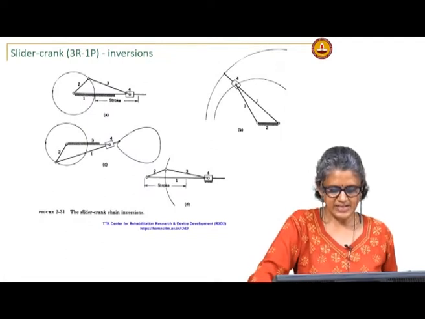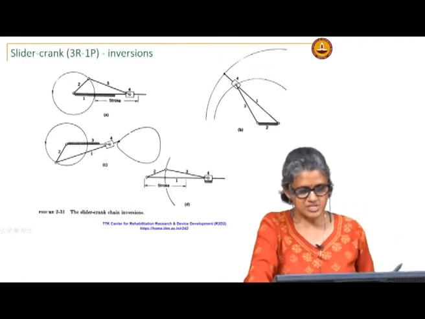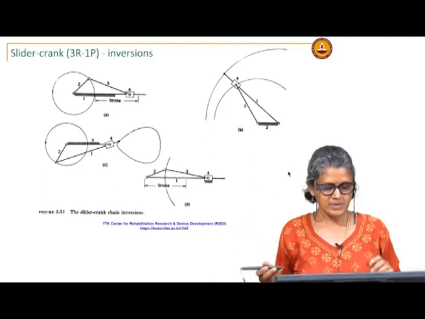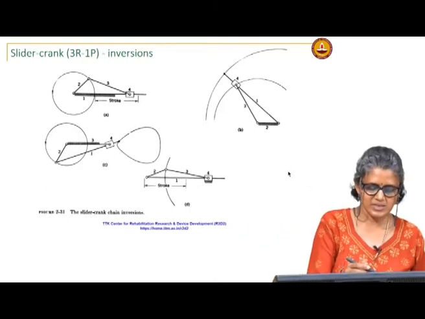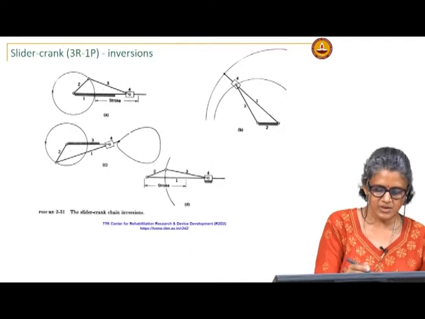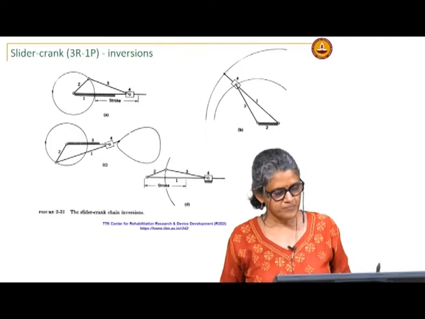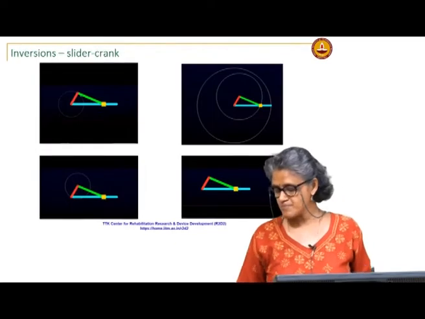Similarly, for a slider crank, you could again have 4 inversions. I will show you the possible inversions.